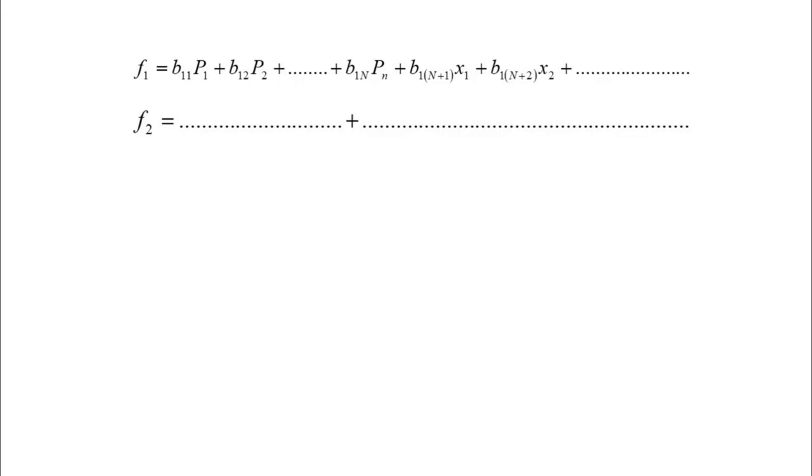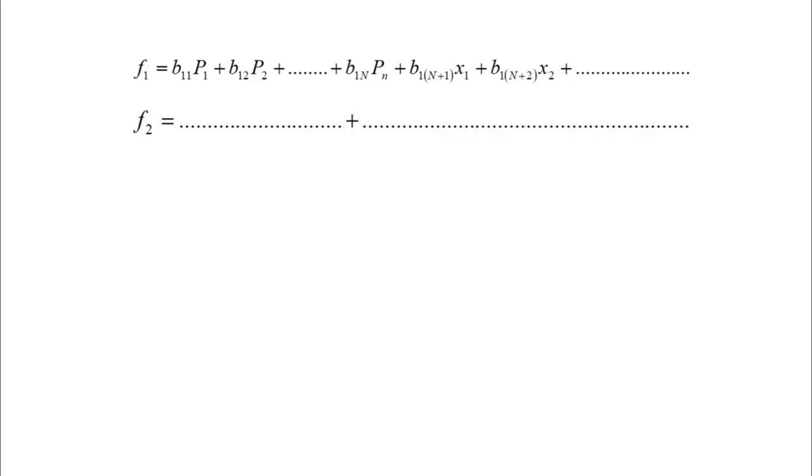The first step is to express the internal forces by utilizing the B matrix. Here, in terms of the coefficients of the B matrix, we can express the internal forces as a linear combination of the applied loads P1, P2, P3, etc., and after this, a further linear combination of the redundants x1, x2 and so on.